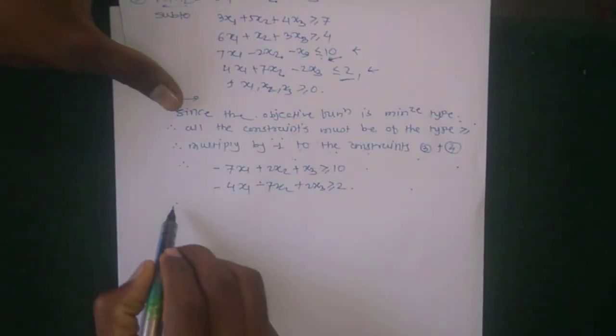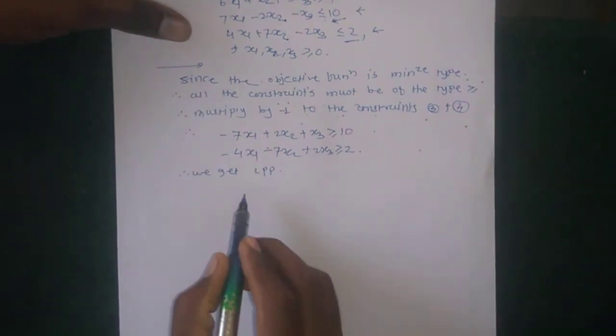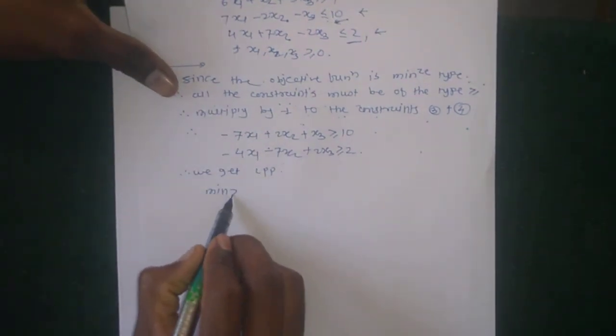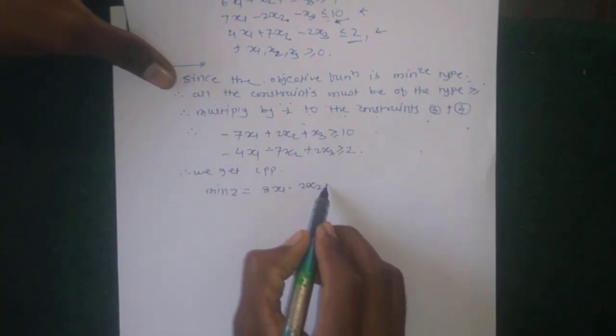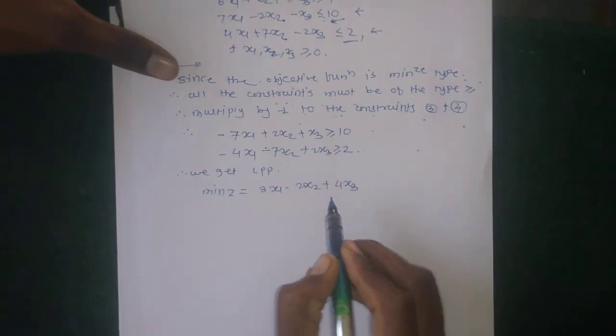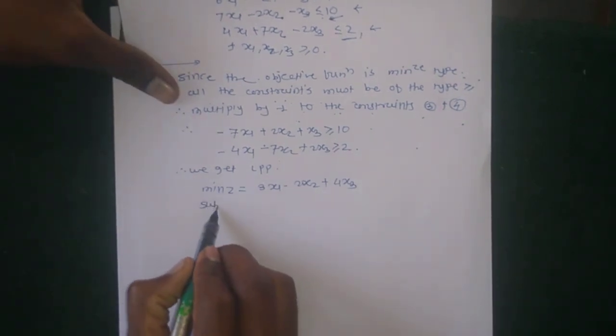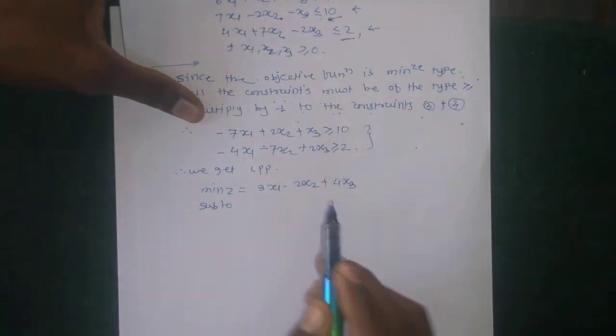And therefore we get the primal LPP: minimize z is equal to 3x1 minus 2x2 plus 4x3, subject to the first two constraints written as it is and the last two constraints written like this.